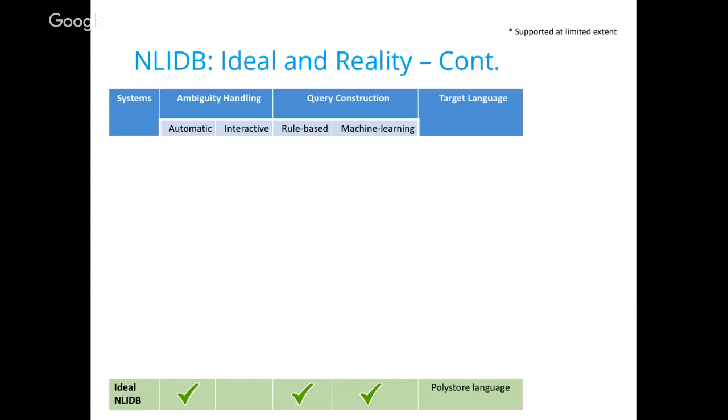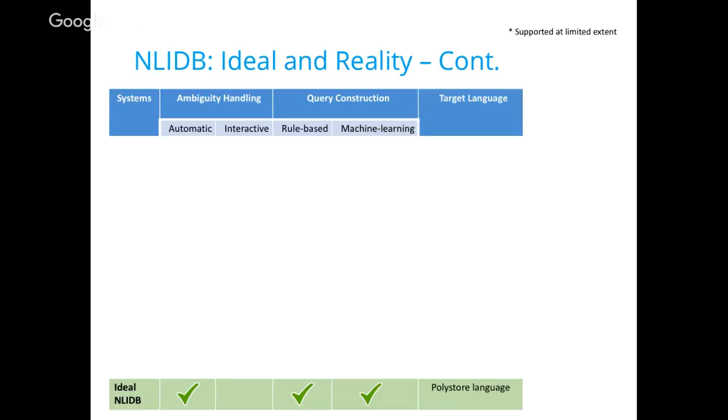And for query construction, ideally, we want to start with some deterministic rules so that the NLQ, the natural language interface, works out of the box. And then as time goes along, we want to use machine learning to make it smarter. As we're getting more training data, we want to learn how to handle some of the corner cases that are not covered in the original rule-based system, right?